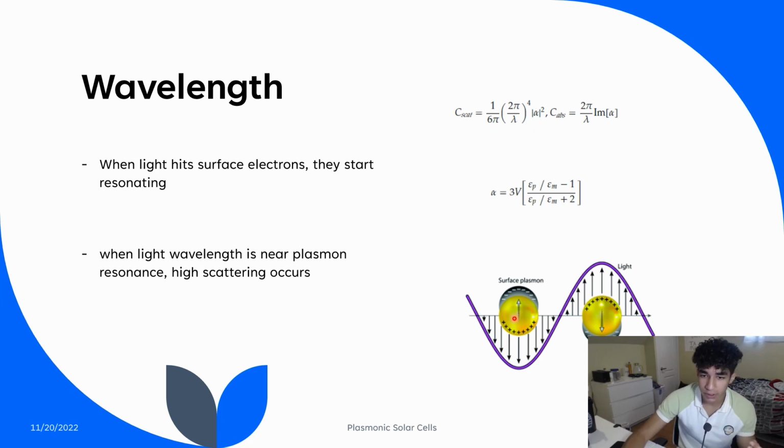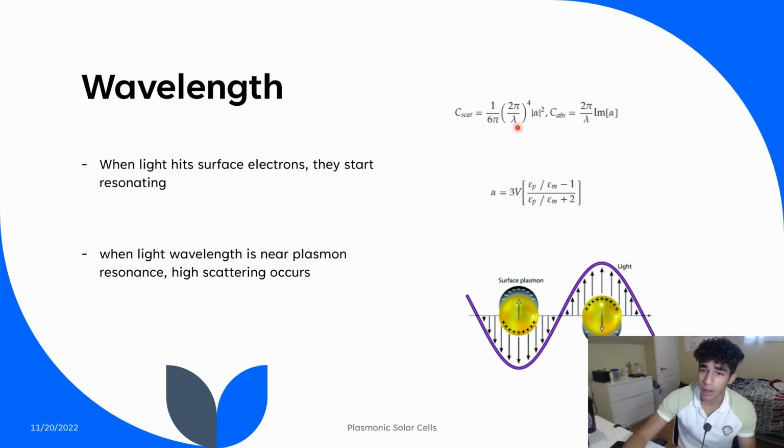When light hits the surface plasmons with a specific frequency and wavelength, these surface plasmons start oscillating or resonating, also producing an electromagnetic wave that has a certain frequency and a certain wavelength. What we want is that when that wavelength is near plasmon resonance, the nanoparticles will scatter a great amount of light. And this can be seen by the formula of C scatter, right? It's based on the wavelength.